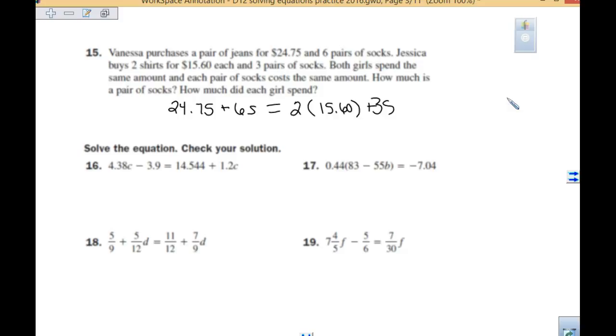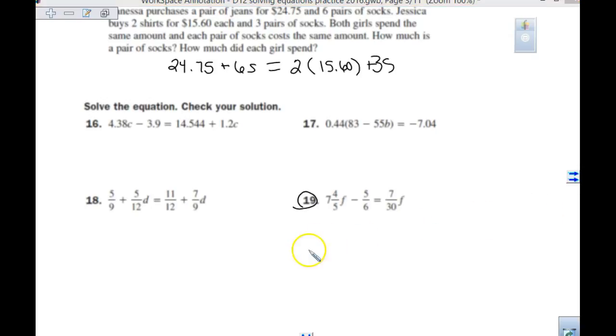Okay. So, as we are looking at those, the other one that came up in the other class is number 19. So number 19. Let's change this to an improper fraction first. So 7 times 5 gives us 35. 35 plus 4 gives us 39 and put the F on top over 5.